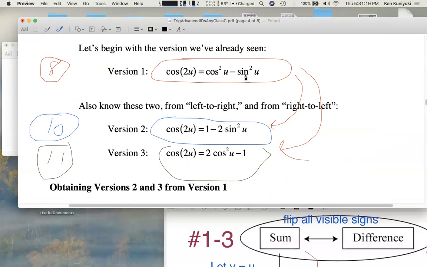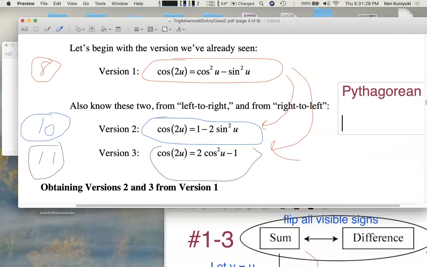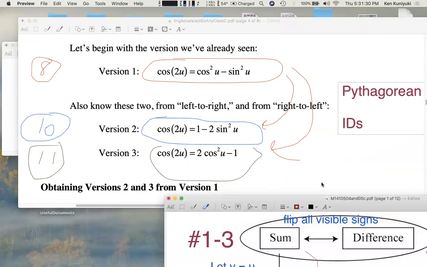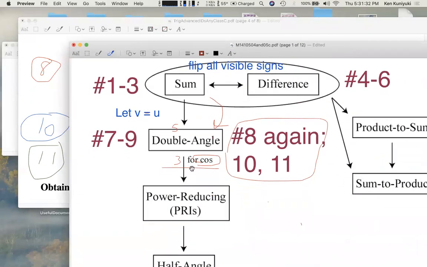If you solve in terms of cosine squared of u, you get that down there. So to get the 3 for cosine, keep in mind the Pythagorean identities. That gets us from 8 to both 10 and 11. Mr. Pythagoras.